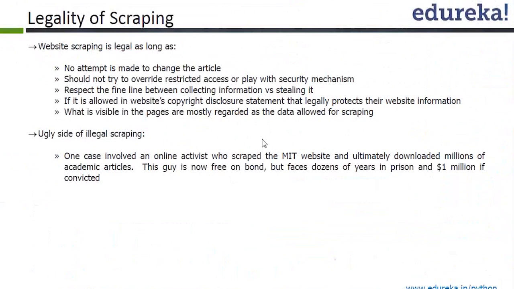Website scraping is legal as long as no attempt is made to change the article. One should not try to override access or play with security mechanisms. Many of these companies allow you to scrape, but only up to a certain amount of information. For example, if you go to Google Finance, they will allow you to scrape, let's say, 100 companies, and then they will close your connection.